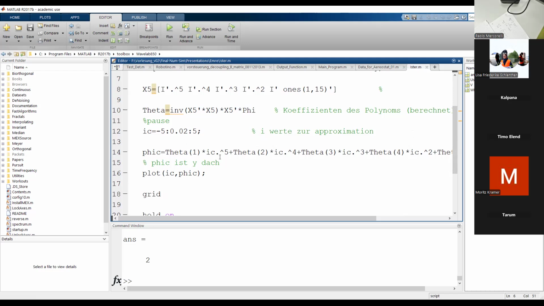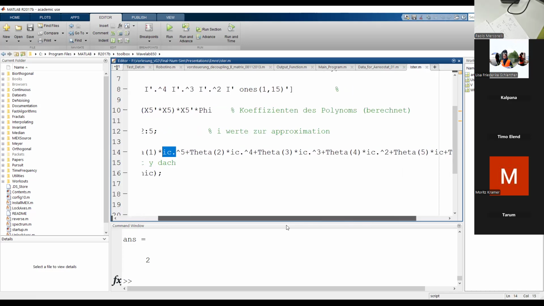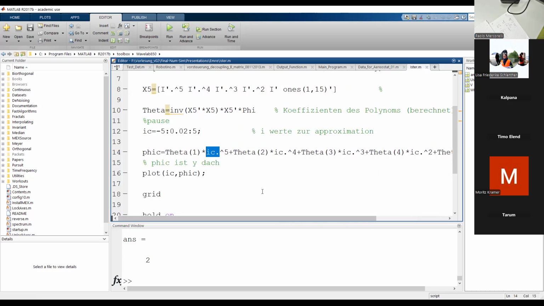The first parameter multiplies the vector in which each element, the dot means each element, is raised to 5, plus the second parameter, which multiplies the vector with each element raised to 4. I basically build the polynomial with line 14, 6 parameters. And then I can plot phi c versus IC. I put in a grid.